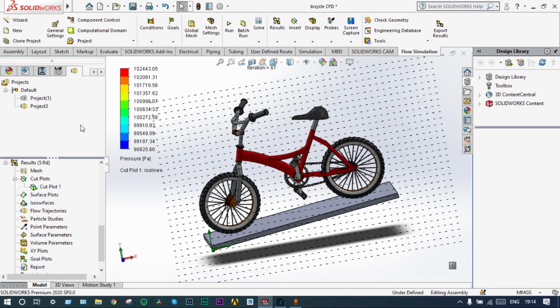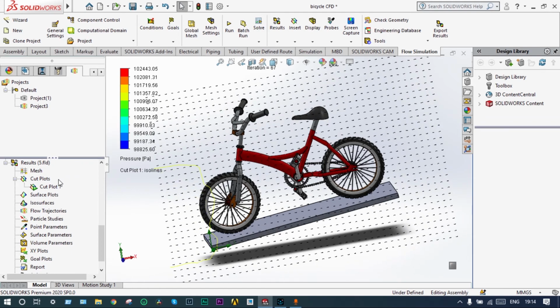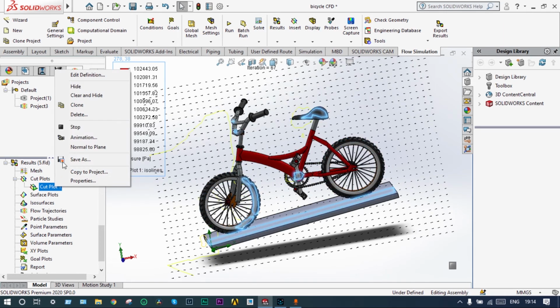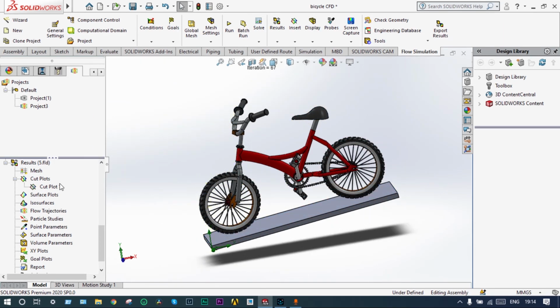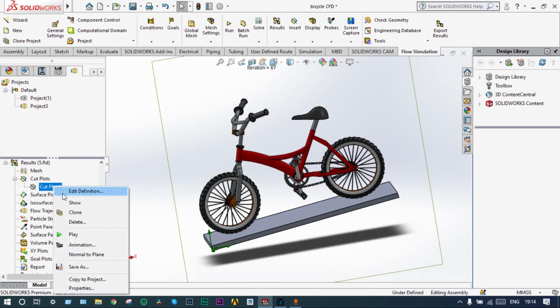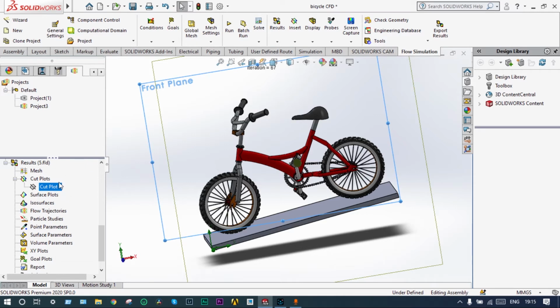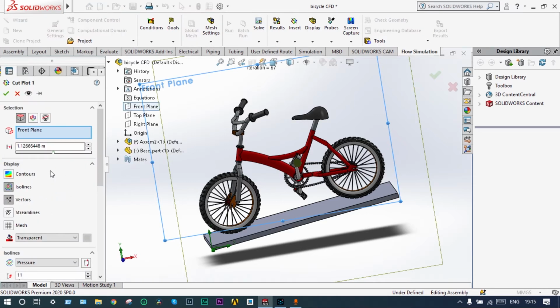We can even see it in the form of mesh also. Cut plot 1, clear and hide. Cut plot 1, edit definition. What you see in the form of mesh and contours also.